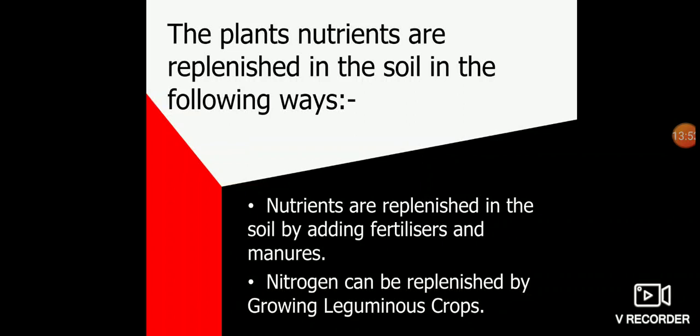And another example of how the nutrients are replenished in the soil: one more thing is by growing leguminous crops.